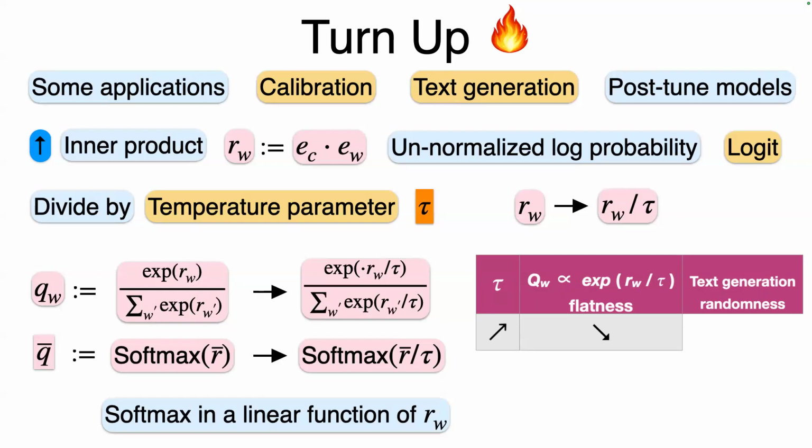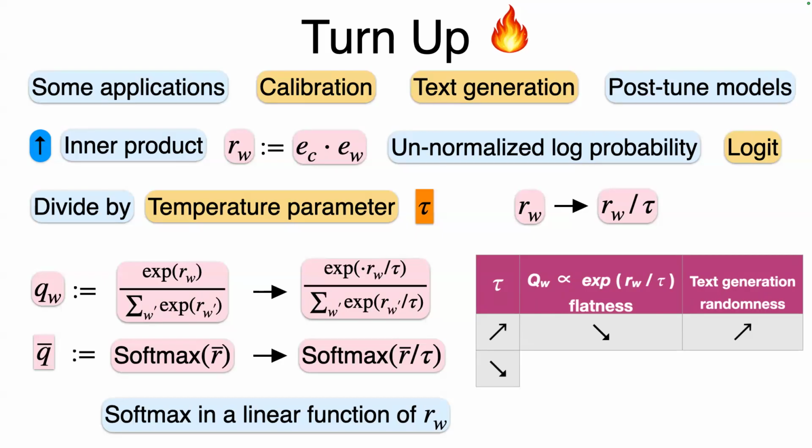Because they become more flat, the randomness increases. If you're generating text, each word has the same probability, uniform, so it does not matter which word. So the randomness increases. That's the source of the word temperature.